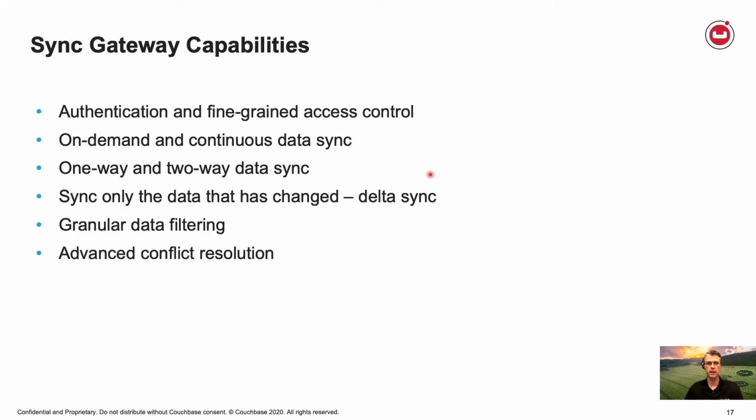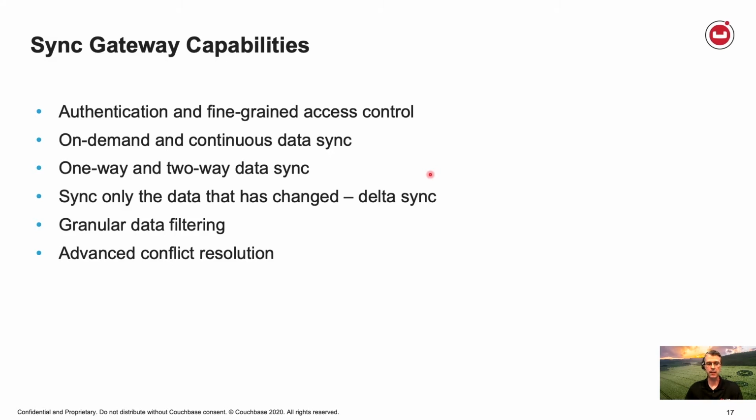You just sync those attributes that changed. There are also options for more granular data filtering. Think of this at the replication level: whether I'm pushing data or pulling data, I can choose what I want to push up or pull down. So again, you've got a lot of control over what gets replicated.